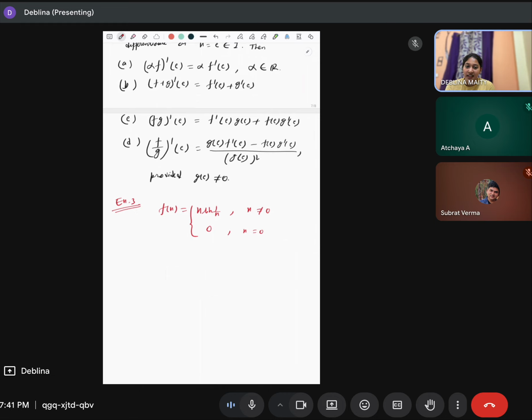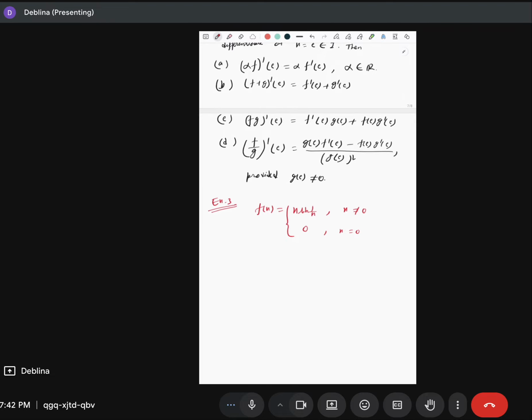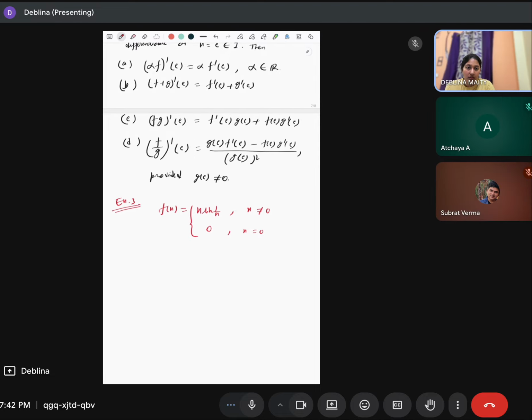We have already seen that this function is continuous. Now we have to check the derivative of f, so find the domain of f dash.